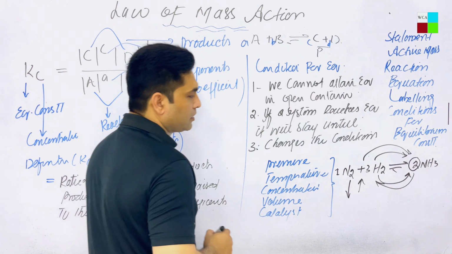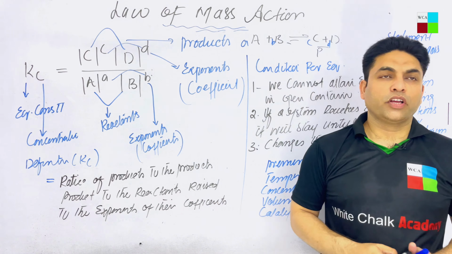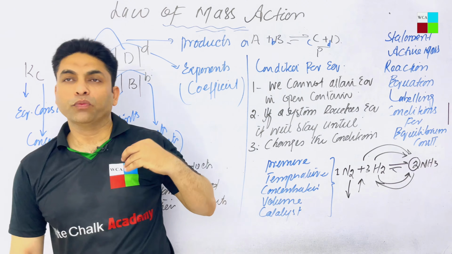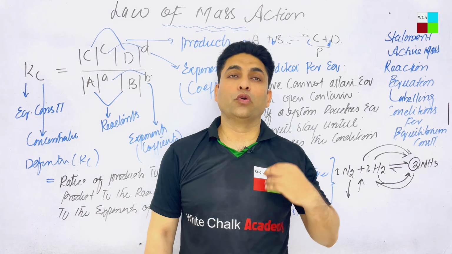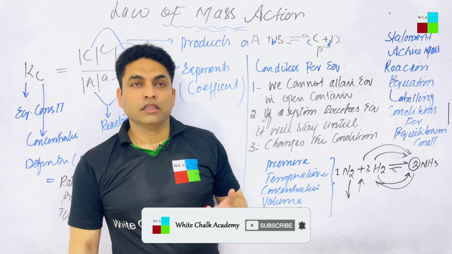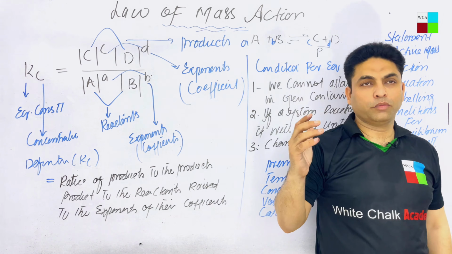And the final one is the catalyst. Catalyst basically changes the rate of the reaction. We use the catalyst for the reaction if we want to complete it, if we want to get the product in a lesser time, if we are in a hurry. Catalyst basically increases the rate of the reaction.